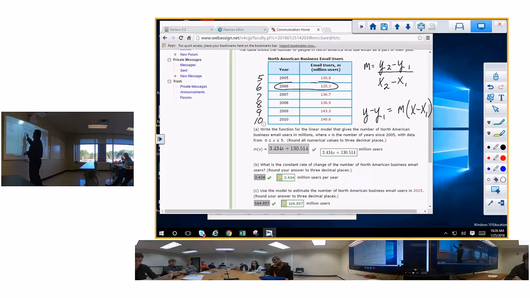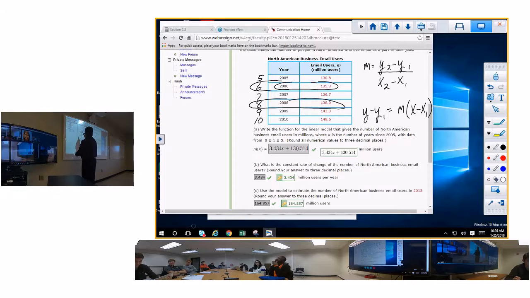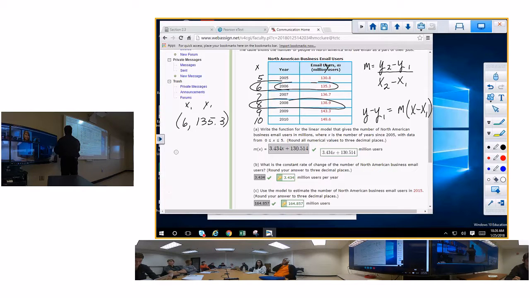I'll pick this one, and I'll pick this one. This is my X, and this is my Y's. So X sub 1, Y sub 1 is 6, 135.3. And X sub 2, Y sub 2 is going to be 8, comma, 138.9.